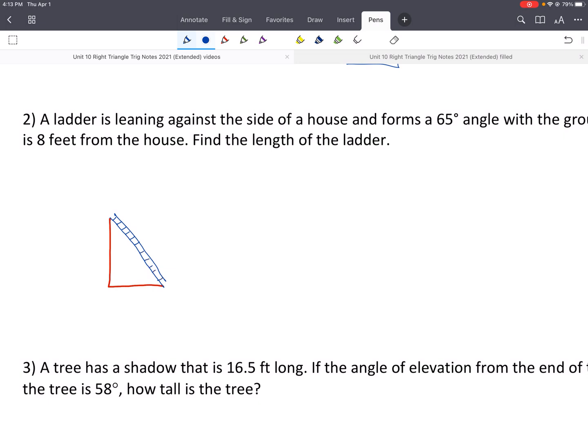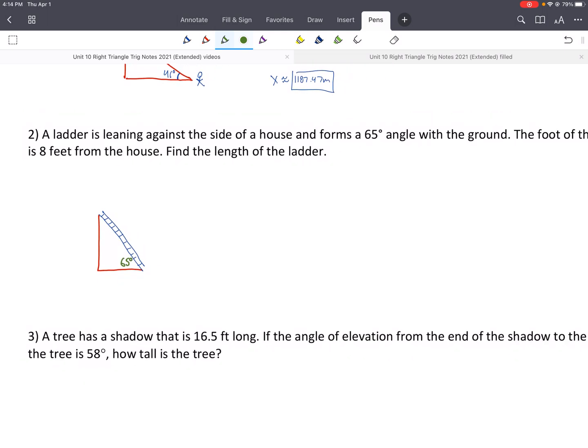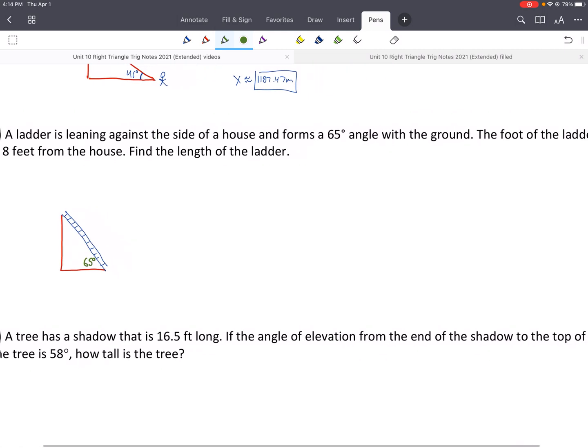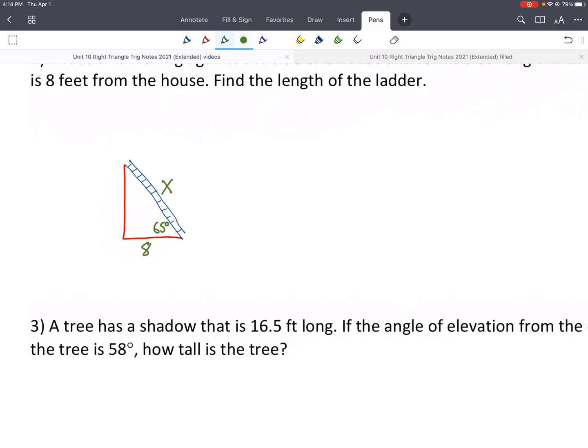And it says it forms a 65-degree angle with the ground, so that's important. The foot of the ladder is 8 feet from the house. So the distance from the foot of the ladder to the house is 8 feet. Find the length of the ladder. So this is our x that we need to find.